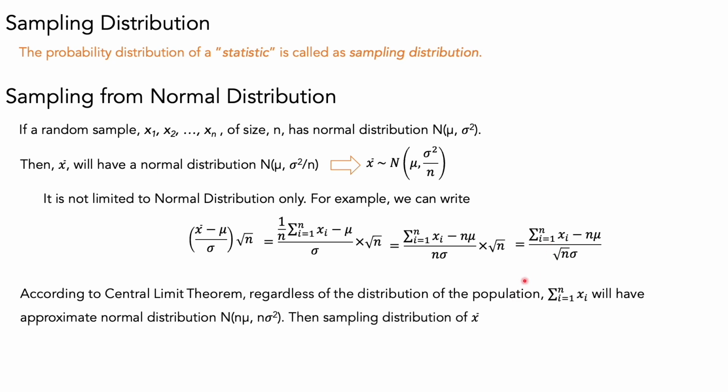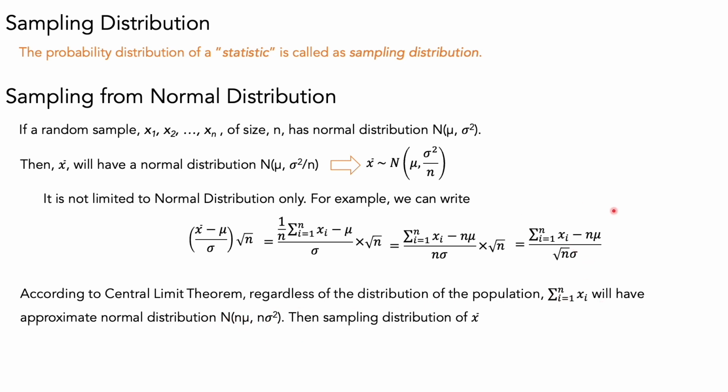This means that if this xi is collected from any population, can be normal or log normal or any other probability distribution, it does not matter which probability distribution it came from, the sum will always have an approximate normal distribution.